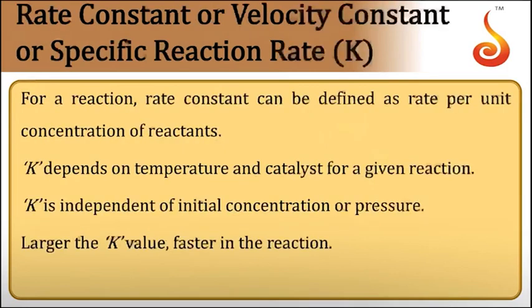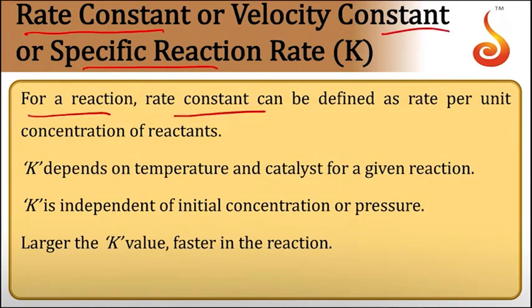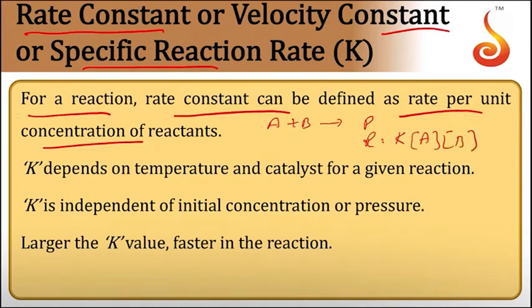Then comes the meaning of specific rate. The rate constant, or specific reaction rate, or velocity constant. For a reaction, the rate constant can be defined as rate per unit concentration of reacting substances. For example, when you take a reaction like A plus B giving rise to products, rate is equal to K into [A] into [B].